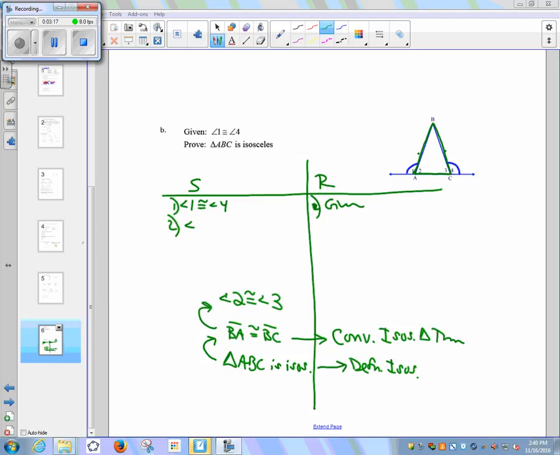Now, angle 1 is supplementary to angle 2, and angle 3 is supplementary to angle 4. What allows me to say that? Yep, linear pair postulate.